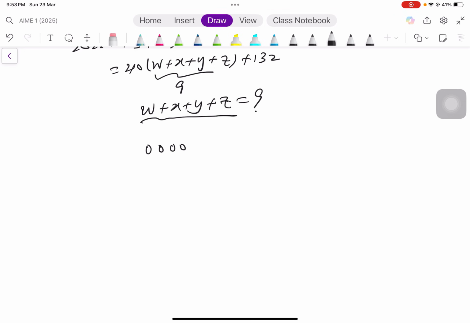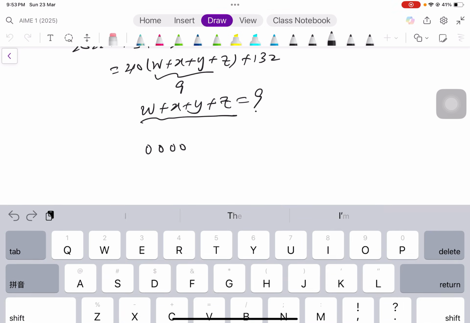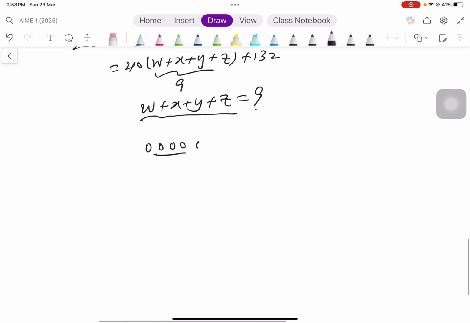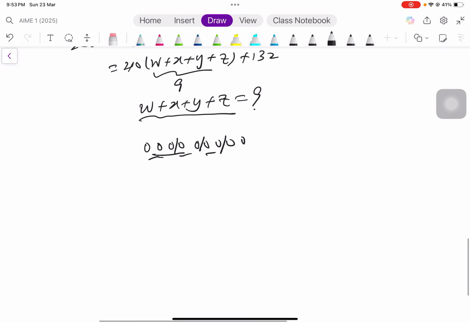Therefore you can draw the 9 balls in this way, 1, 2, 3, 4, 5, then you just need to put in 3 bars. Then isn't that you partition it into 4 pigeonholes?